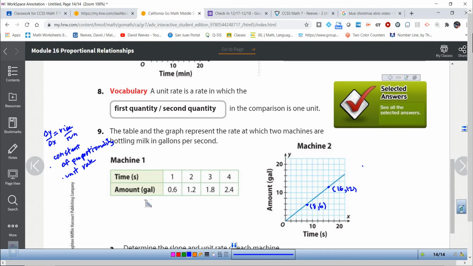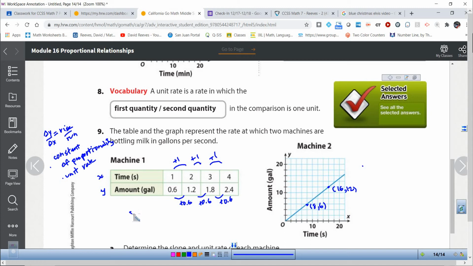All right, well, on a table, we're going to call this our x and this our y. We can confirm that. You could see that the time is our x and the amount of gallons is our y, right? What is our change in y right here? It is 0.6, right? 0.6. And what is our change in our x? Plus 1, right?